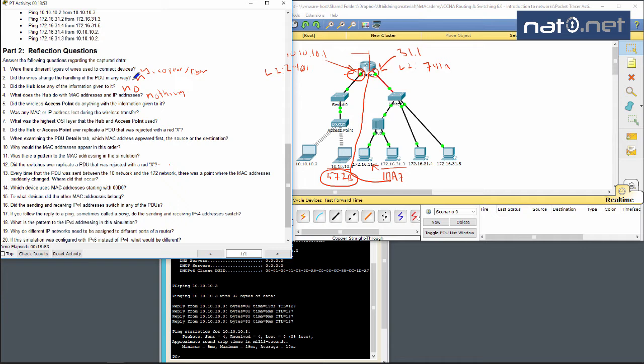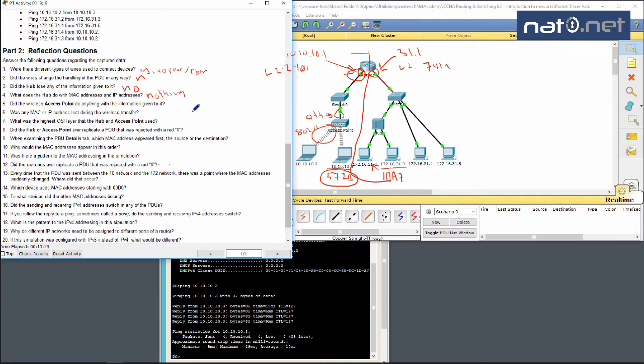And number 5, did the wireless access point do anything with the information given to it? Yeah, since this is Ethernet, and this is 802.11 wireless, it changed the format of the packet to wireless.